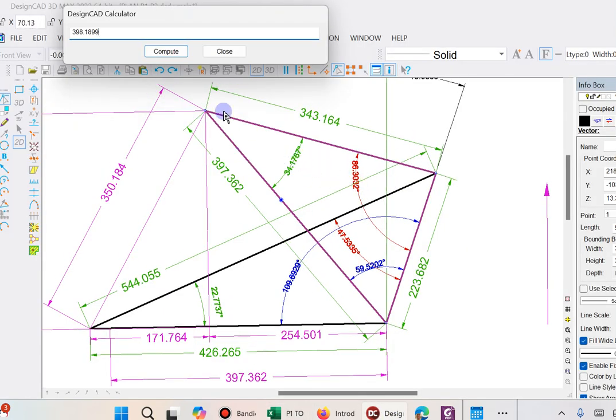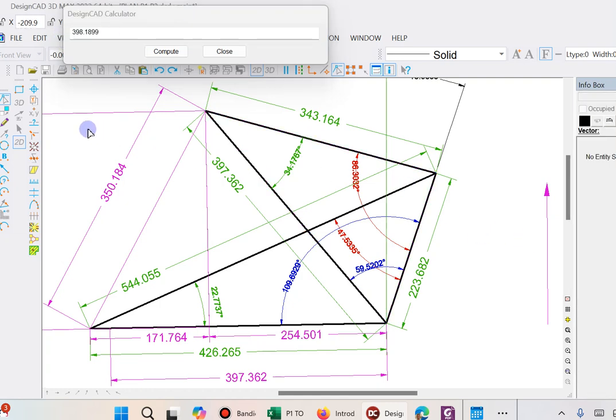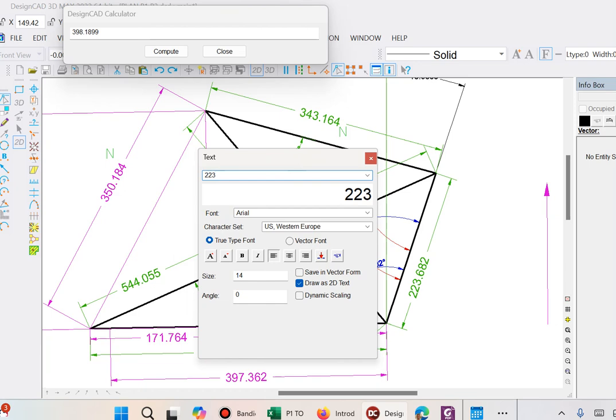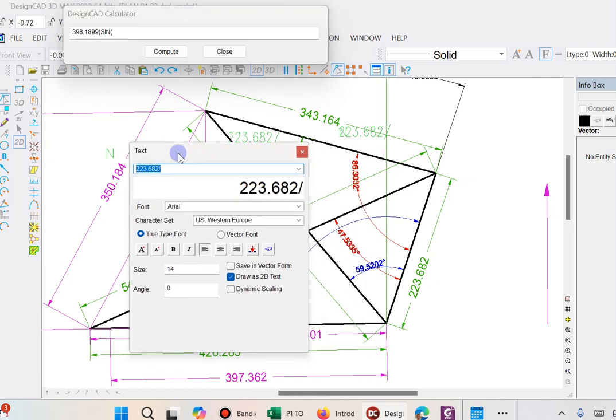So that equation, this one here, Control C. So you end up with 223.682 divided by the sine of, and we're going to use the other angle here, 59.5202, sine of it by the sine of that.